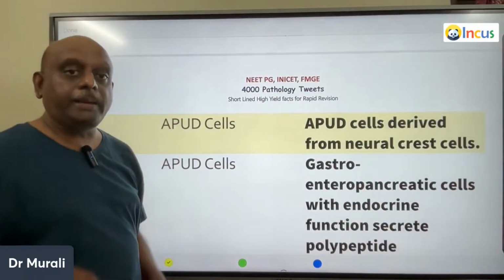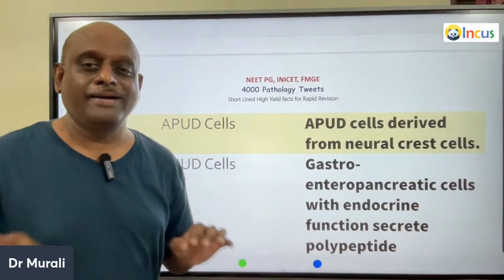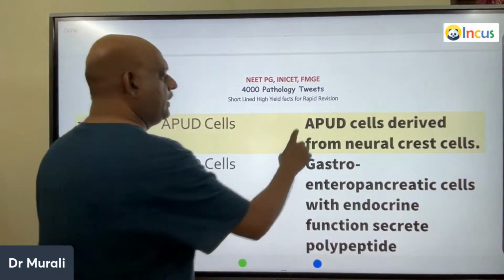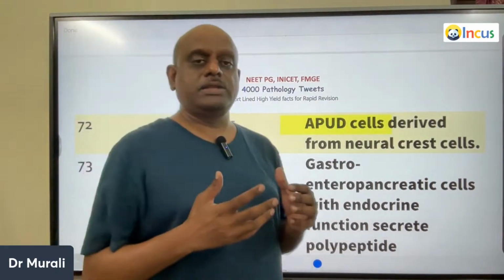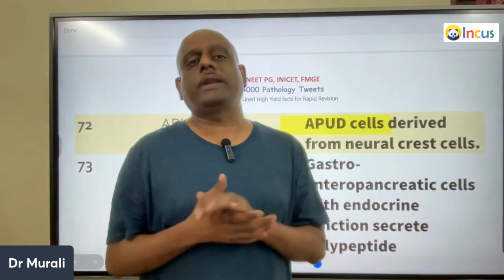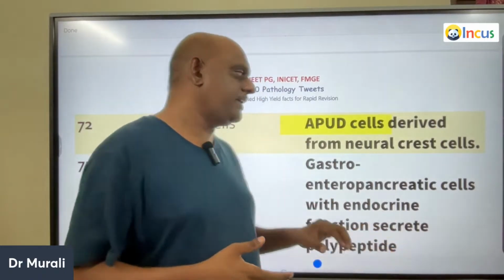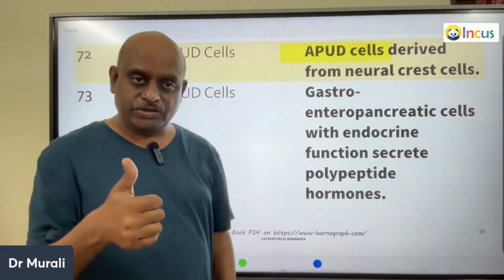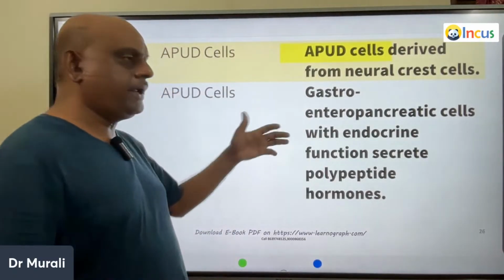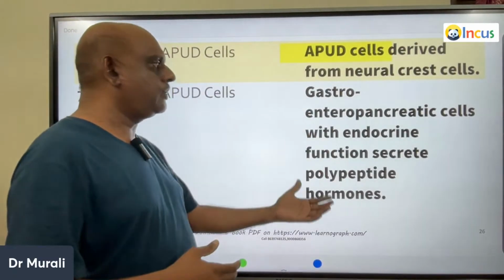Now comes apudoma, APUD cells. APUD cells are one of the neuroendocrine cells which are derived from the neural crest. And where are they located? Gastro, stomach, entero, intestine, pancreatic cells.